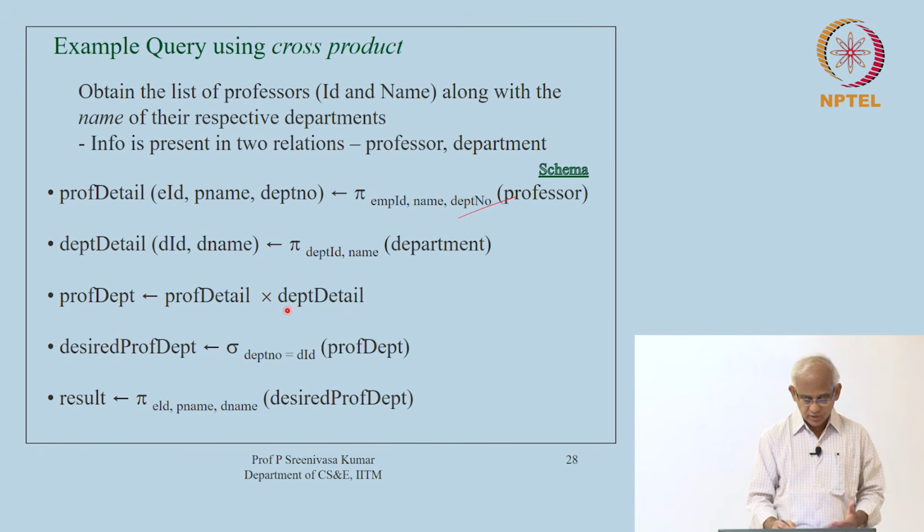Since the combination of cross product followed by selection occurs so often, we will introduce a new operator, which you would have heard about: the join operator. We will discuss the join operators and their various variations in the next lecture.